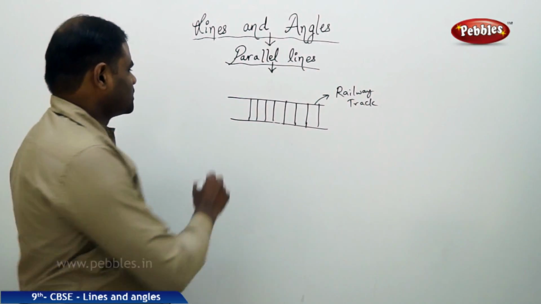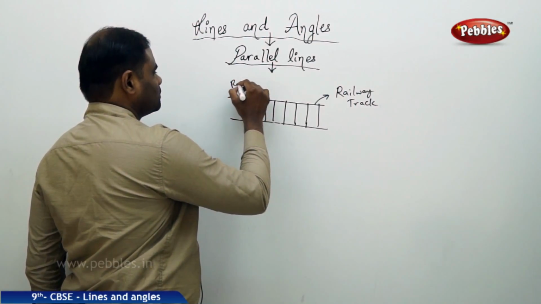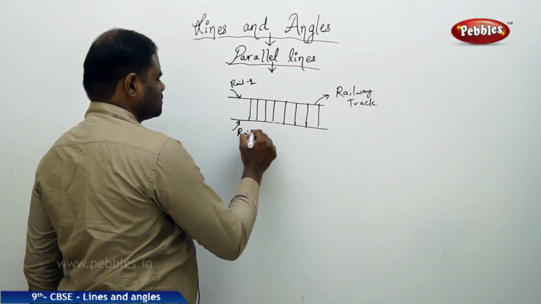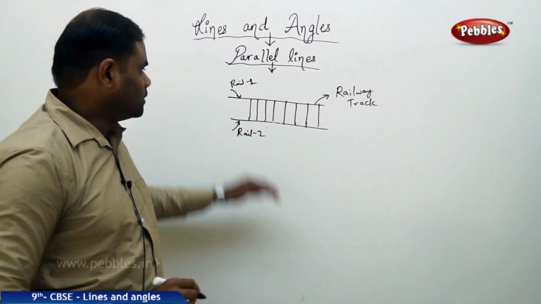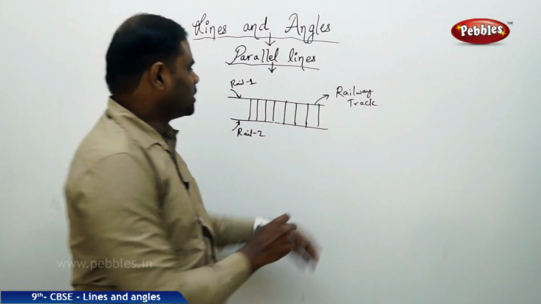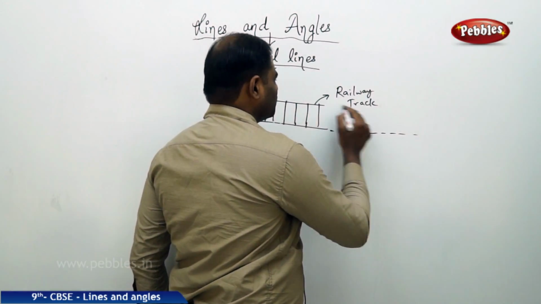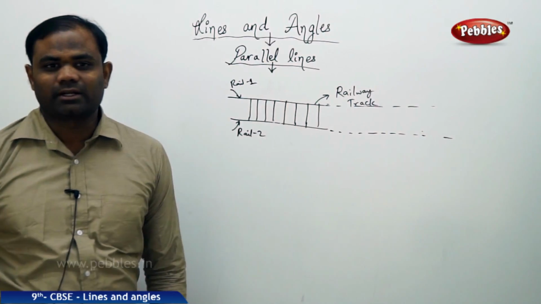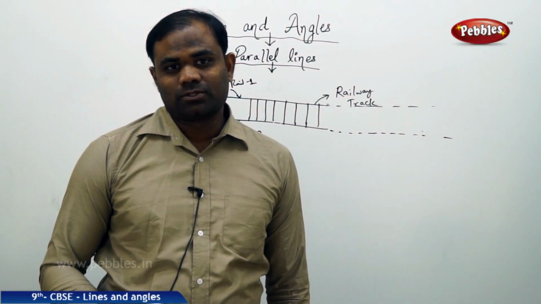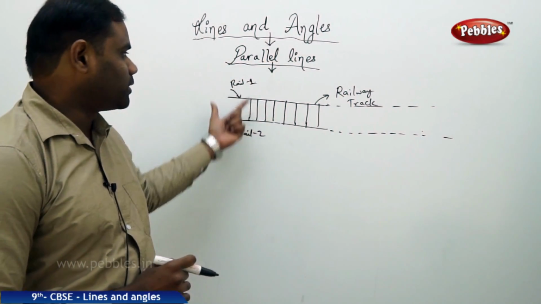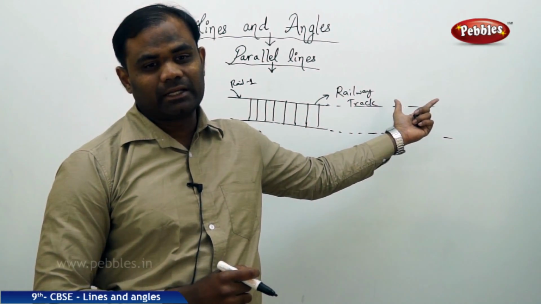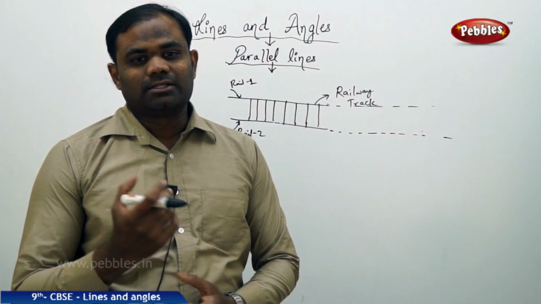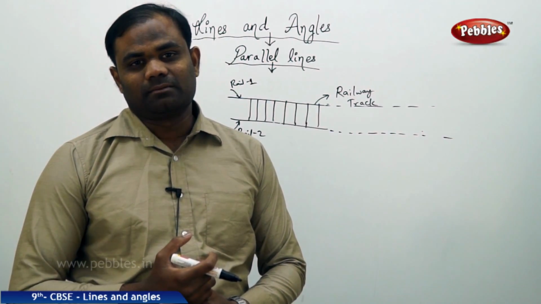The two rails, this is rail 1 and this is rail 2, and the two rails never meet, but they go on and on and on, but they never try to meet. This is how we understand the two parallel lines. So mathematically, when I connect these two rails with the railway track, I clearly understand that this is an example of lines which are parallel.